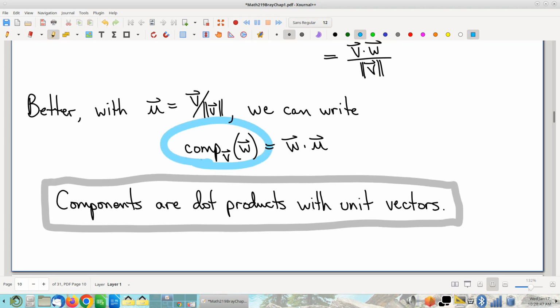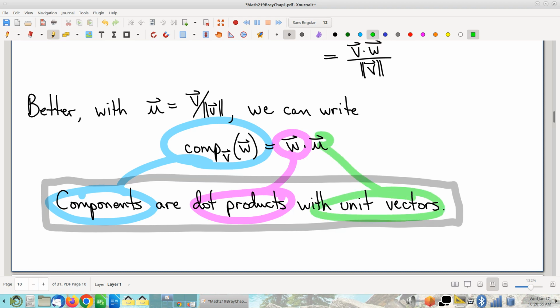And that is that components are dot products with unit vectors. I think that's a really nice way to think about dot product. Dot products with unit vectors give you components. It's almost like you're saying dot products are components. Not quite, right? Very critically, the vector defining the direction does have to be a unit vector. But that said, still a pretty close connection between something algebraic, the dot product, and something that we have geometric intuition for, namely components. So valuable little result there.